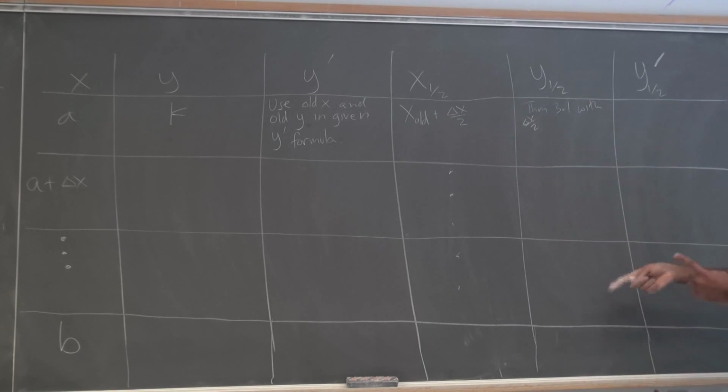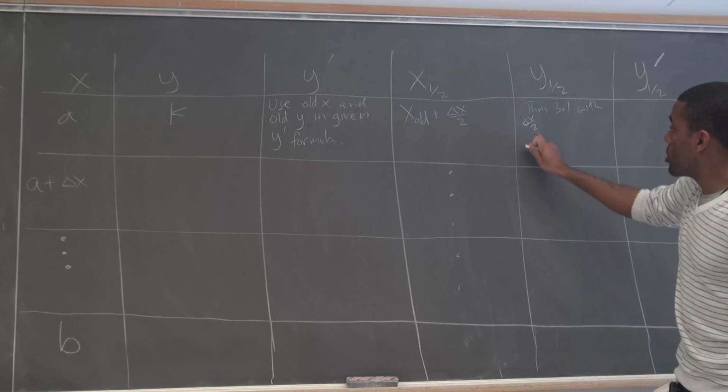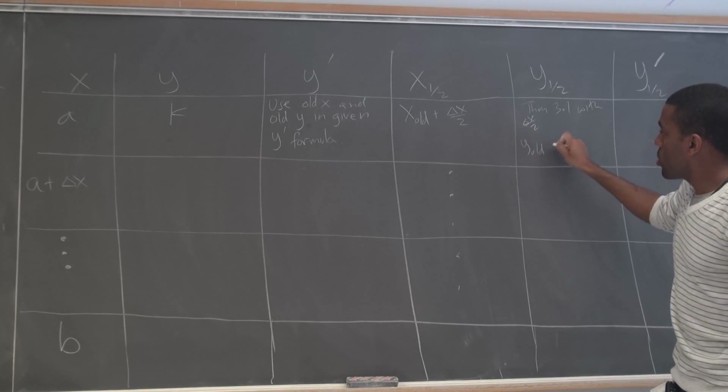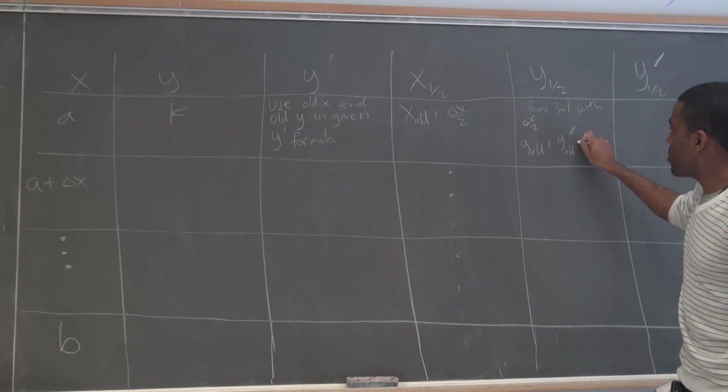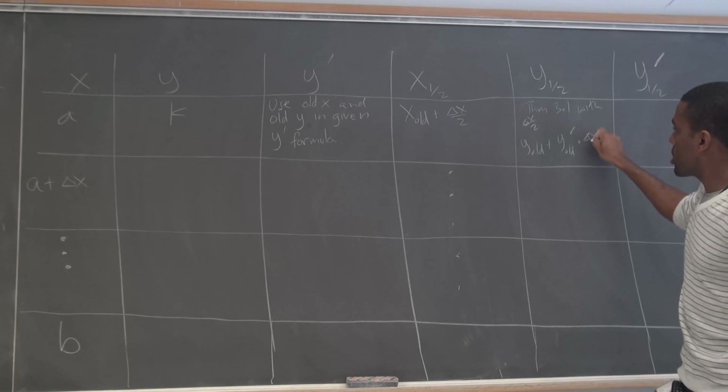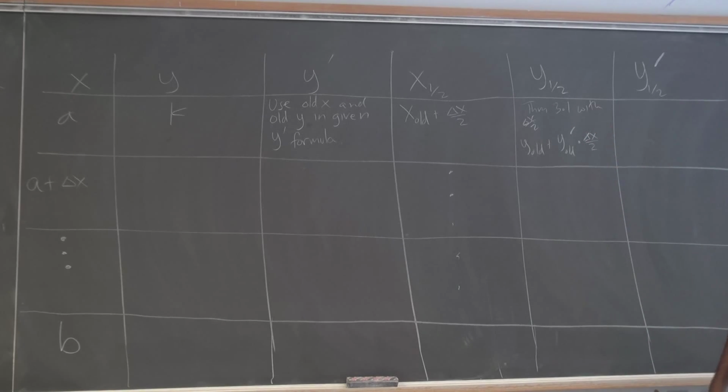This was like that time when I went back and on the side I computed the derivative at the half step. I was really trying to figure out this guy. So this is going to be the old y plus the old y prime times delta x over 2 instead of delta x.